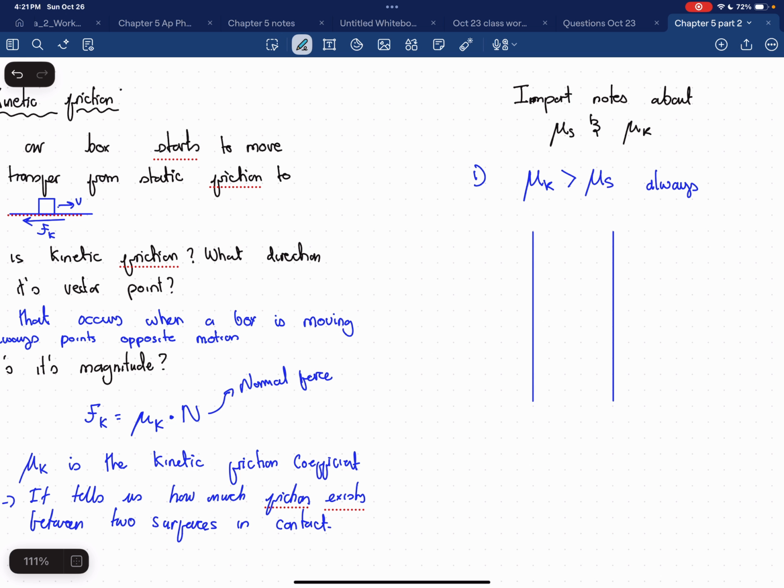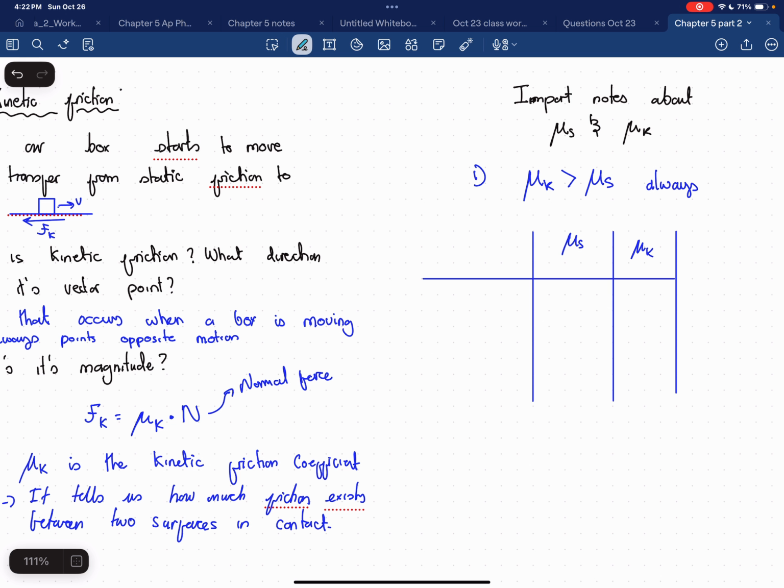We have a few experimentally verified values of mu sub k. If I have a value of mu sub s, then I have a mu sub k.